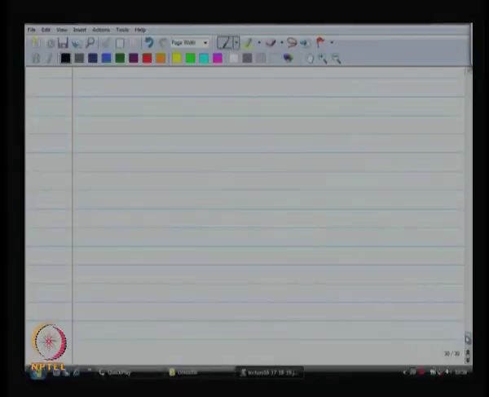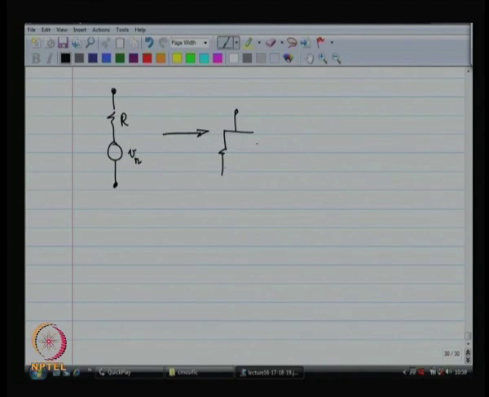Next observation, we have the resistor modeled as a resistor in series with a noise voltage source. Let us say Vn is the noise voltage at any given point of time. This can be modeled as a resistor in shunt with a noise current source. Thevenin to Norton conversion.